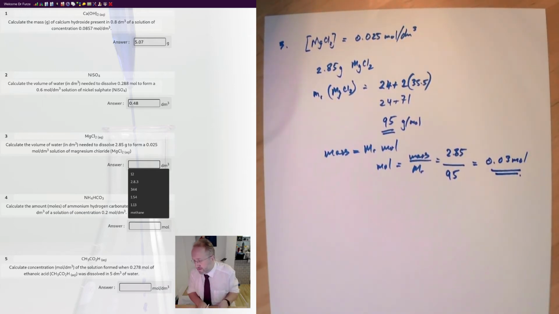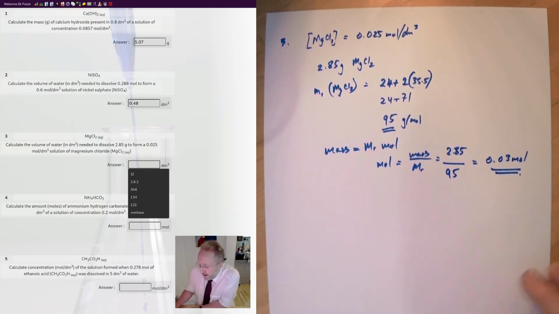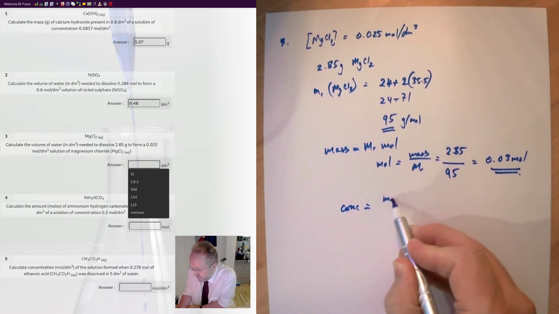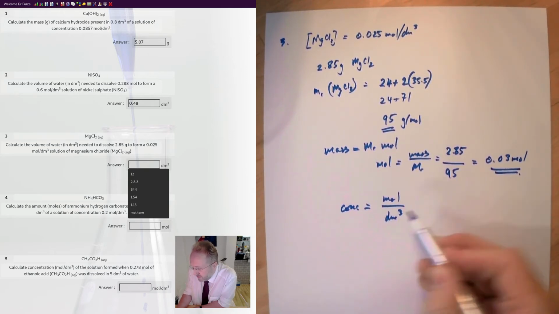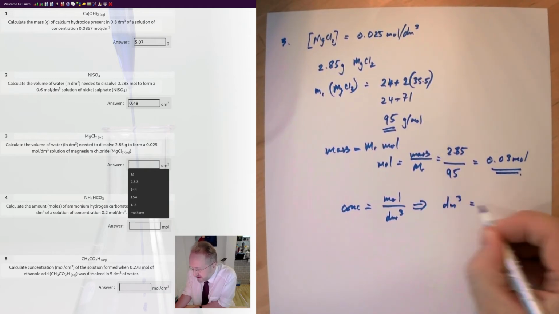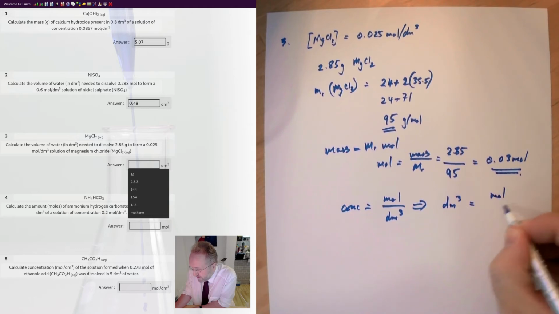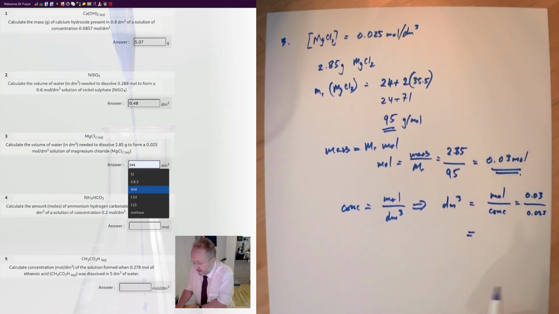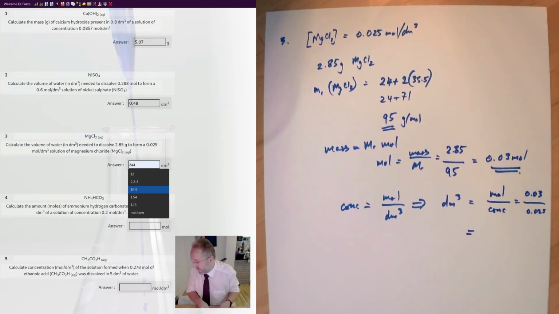We have 0.03 moles, and now we can use the concentration is equal to moles divided by decimeters cubed, rearranging that to decimeters cubed is equal to moles divided by the concentration. So we've got 0.03 divided by 0.025.